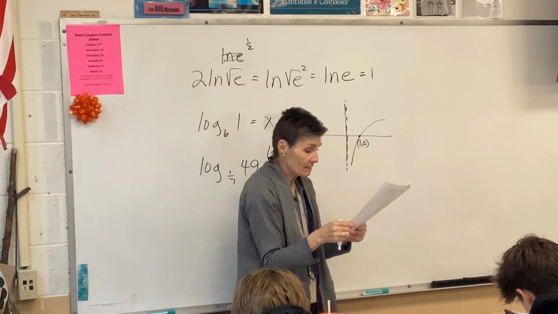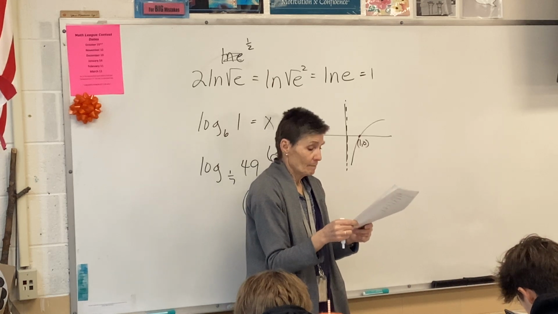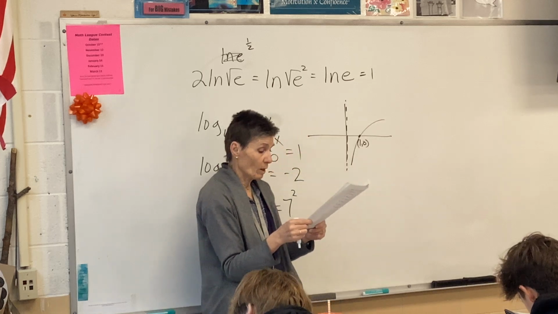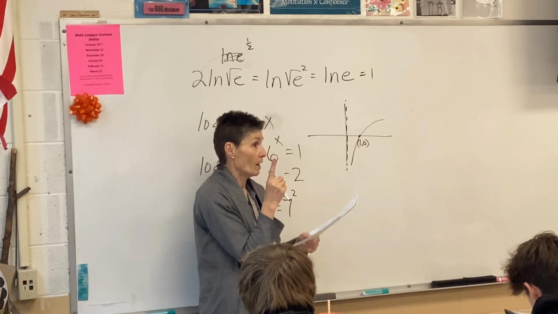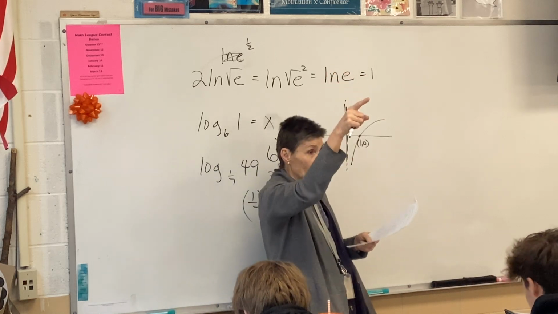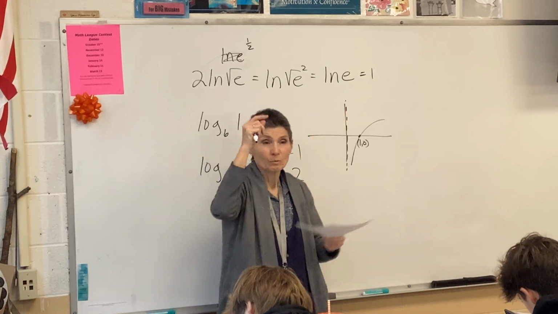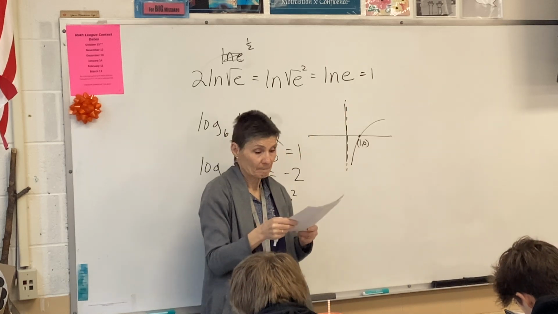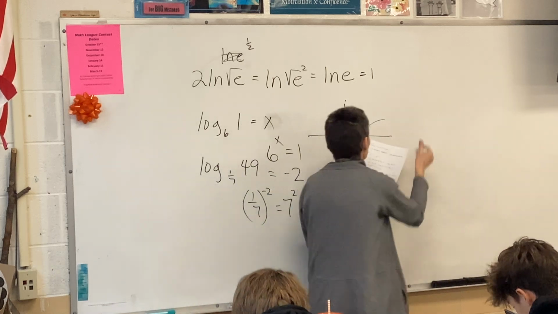All right, how about E? 3. You can do that one of 2 ways. One is you can just recognize that the log base 7 of 7 is 1 times 3. Or you can move that 3 up to an exponent and have the log base 7 of 7 cubed, which is 3. How about this one?